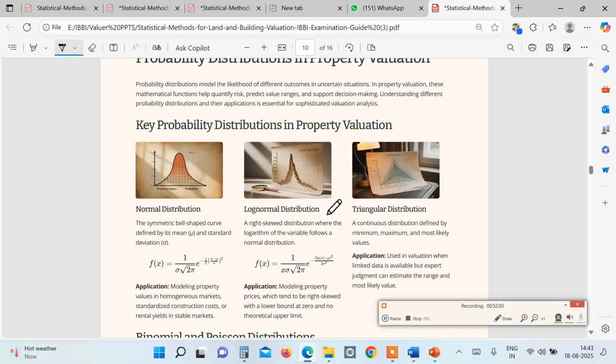In the normal distribution, the symmetrical bell-shaped curve is defined by its mean and standard deviation.